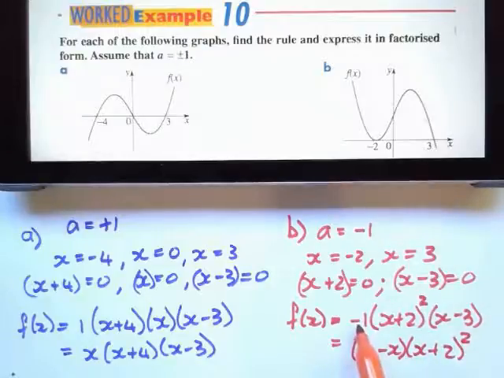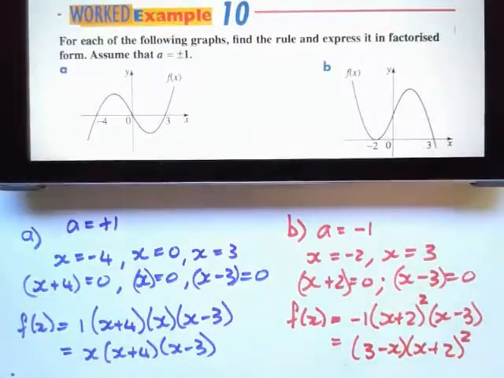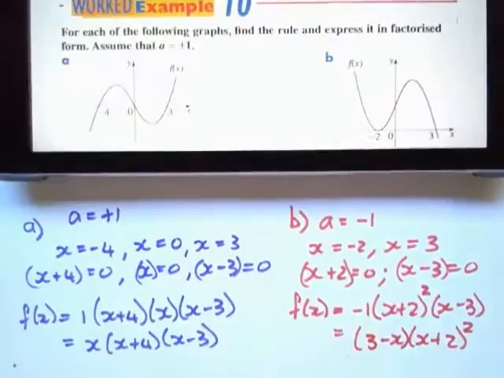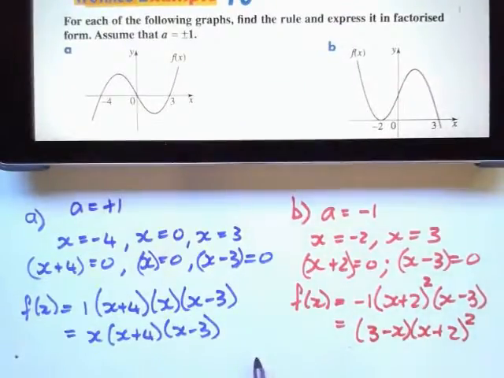People say, well, I can't remember, do you multiply that negative 1 into everything? Just think of a normal number, and this is besides the point, it's just for explanation. If I have, let's say, minus 1 times 2 times 3, I don't say negative 1 times 2, negative 1 times 3. It is just negative 1 times 2 times 3, so that is the same as negative 6.